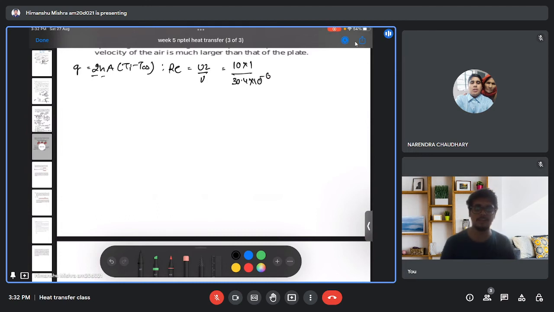The kinematic viscosity I can get from the properties of this fluid. And this will come out to be 3.29 times 10 to the power 5, which means the flow is still laminar. So we can use the laminar Nusselt number correlation.